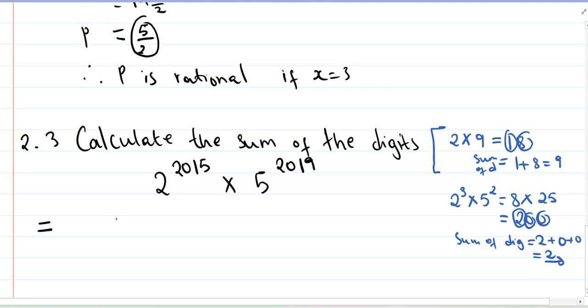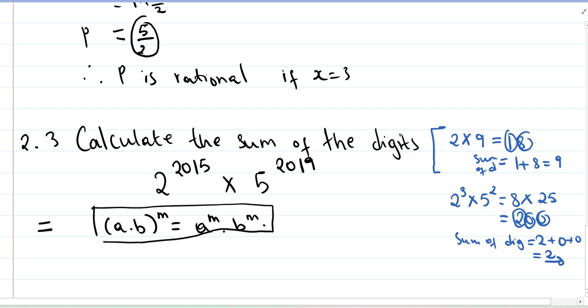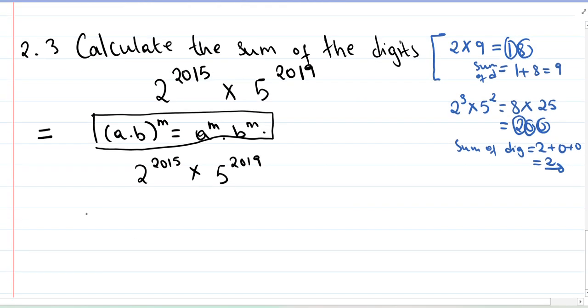Laws of exponents. Laws of exponents says that a times b to the power of m is equal to a to the power of m multiplied by b to the power of m. So we can apply something similar to this here. First step, I have 2 to the power of 2015 multiplied by 5 to the power of 2019. I'm going to write my equation in terms of 2015 and another number.